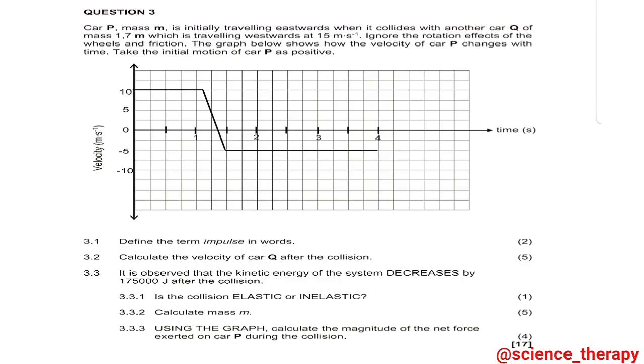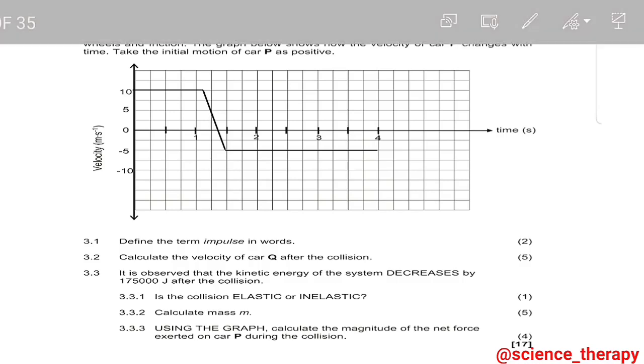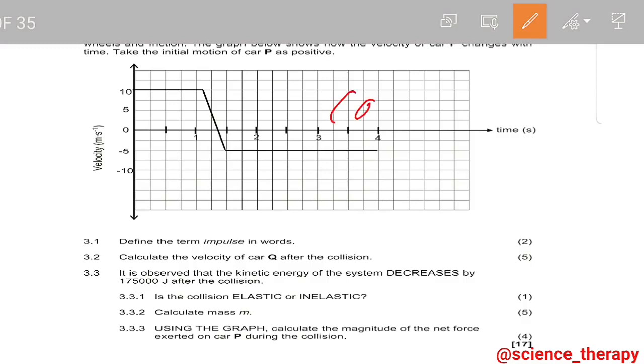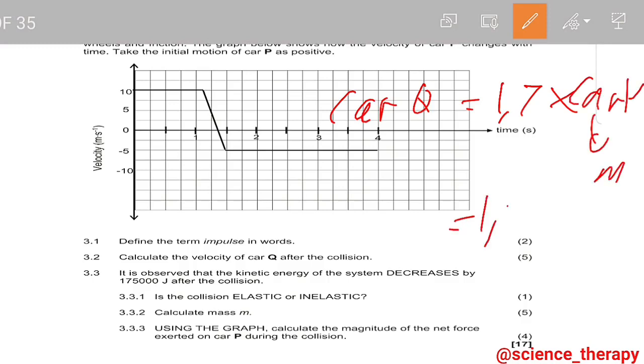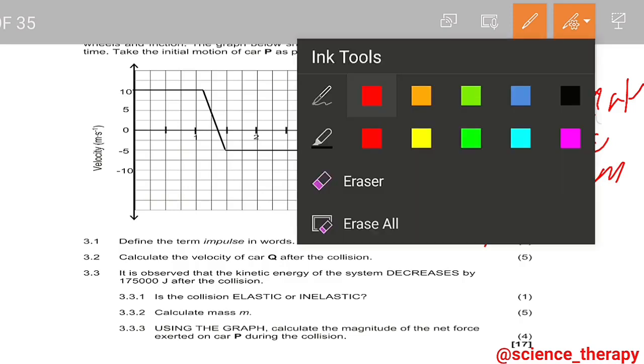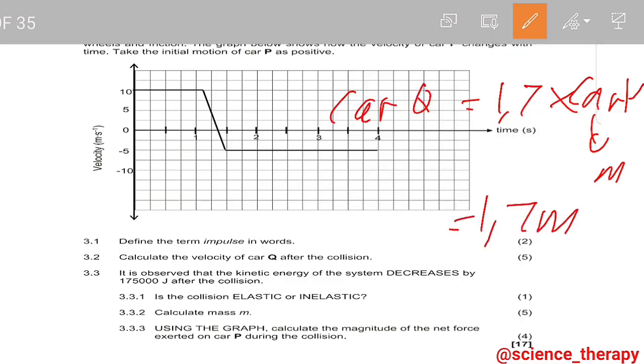When it collides with another car Q of mass 1.7 m, that means car Q is 1.7 times the mass of car P. Remember, car P is m, so that makes it 1.7 m, right? So I think we all understand that.